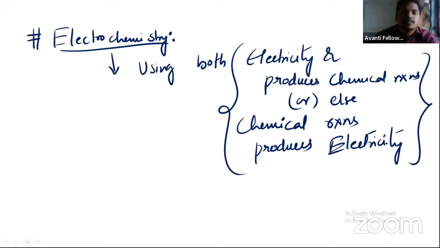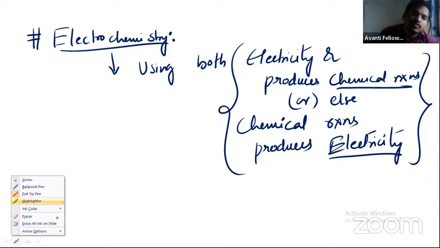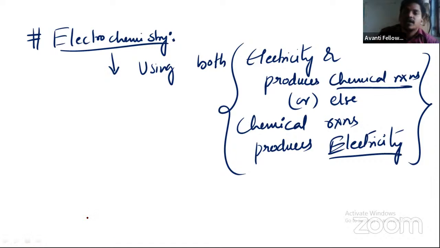So the basic definition of electrochemistry: by using electricity you are going to produce chemical reactions, or by using chemical reactions you are producing electricity. But in this case, I would like to tell you one of the important points. From electricity to chemical reactions, this is a non-spontaneous process.